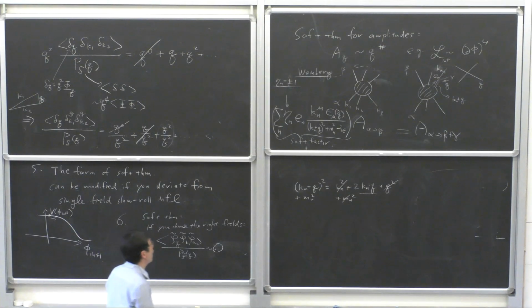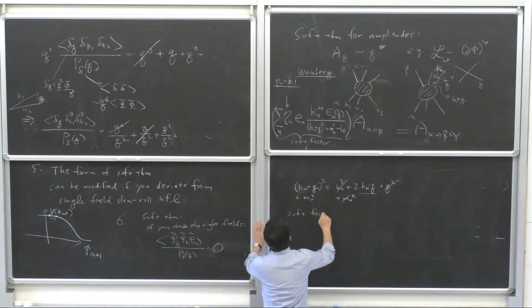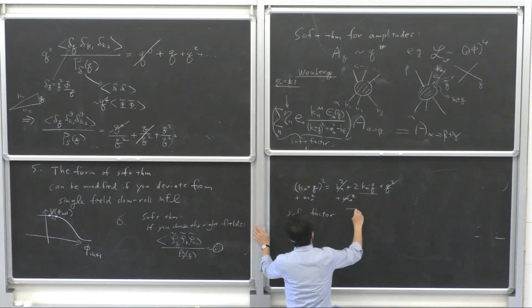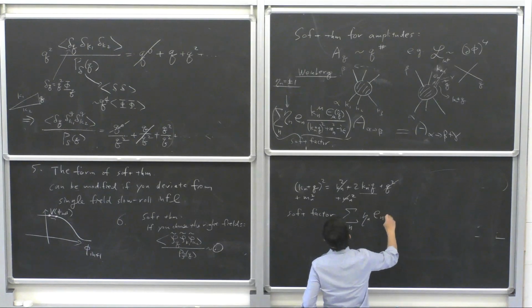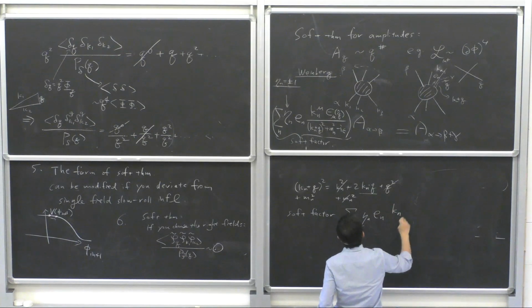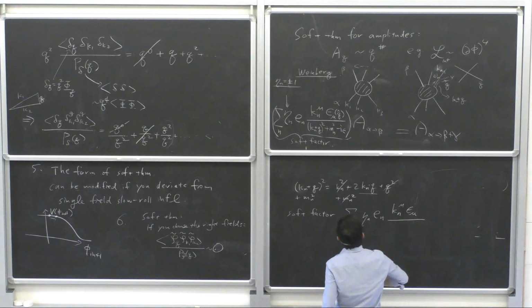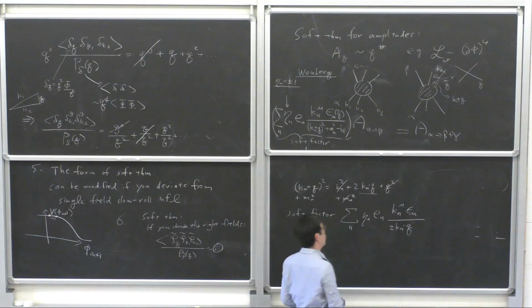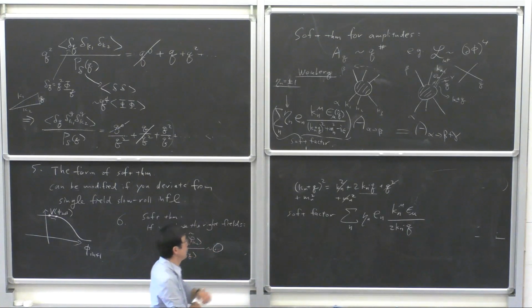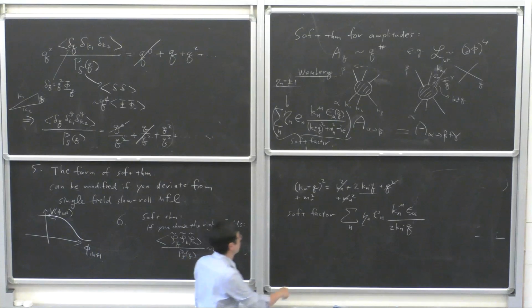And so the soft factor is basically this, eta n, En, Kn, mu over 2 Kn dot Q. Let me just ignore the epsilon, although I'll make a comment about that later.